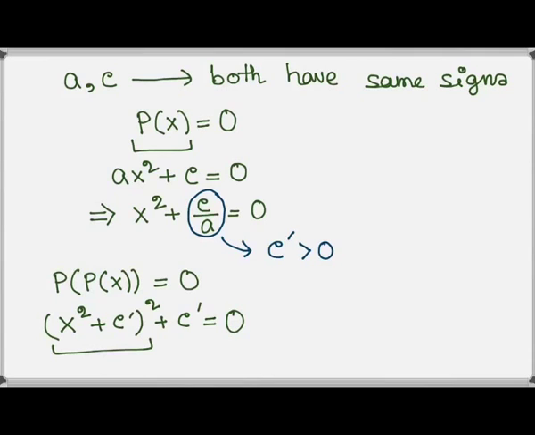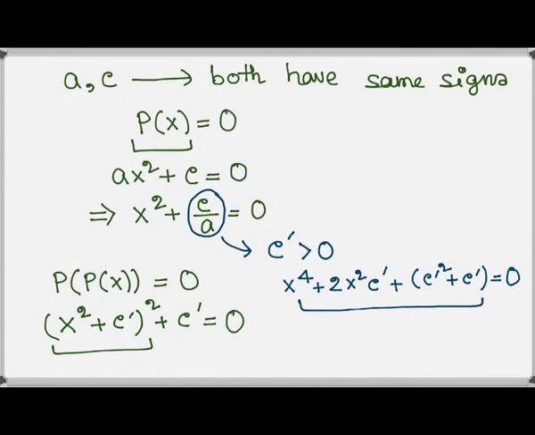After splitting we get x to the power 4 plus 2x square c prime plus c prime square plus c prime is equal to 0. Note that this is a quadratic equation in x square. So let us solve this for x square.